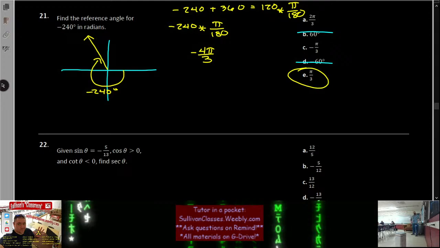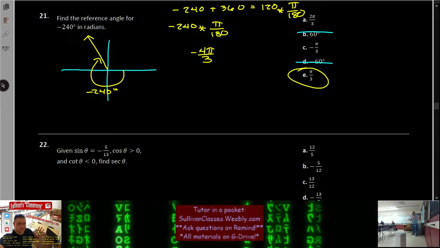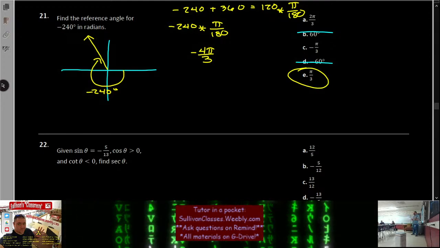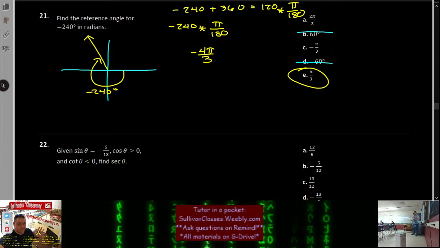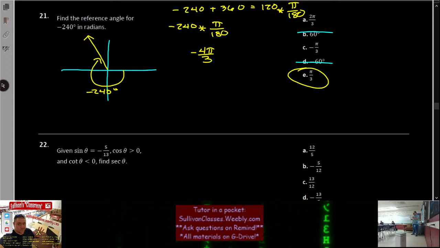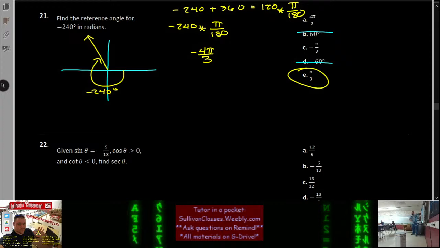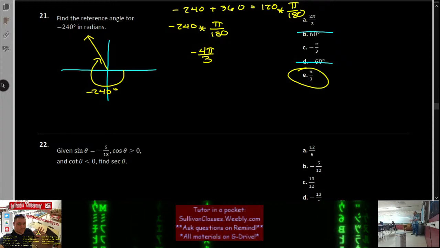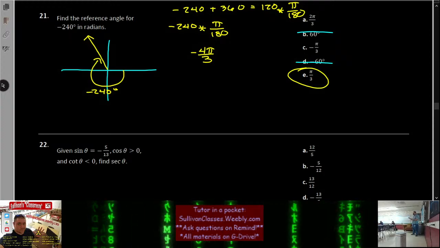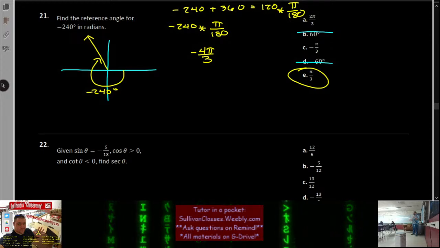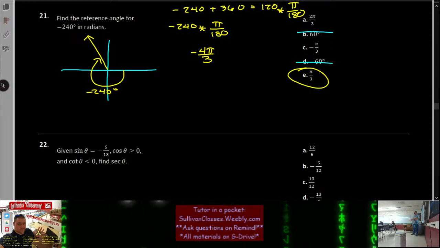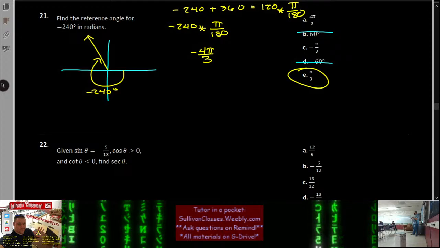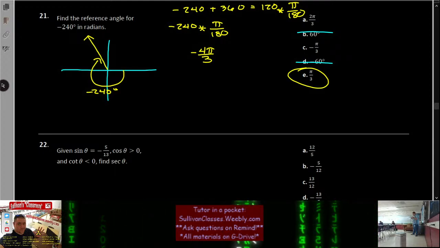Because 180 degrees is pi radians. You could use anything else, like 2 pi is to 360. You could use anything on there as a conversion factor. But since 1 pi is to 180, it's called a unit rate.